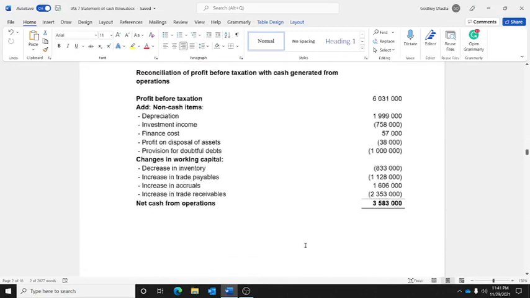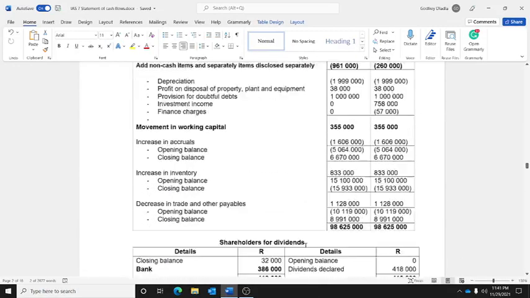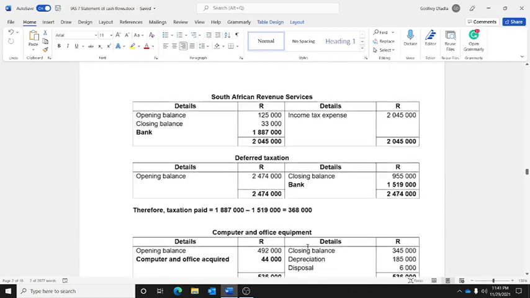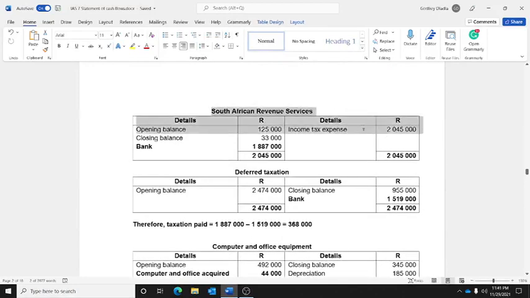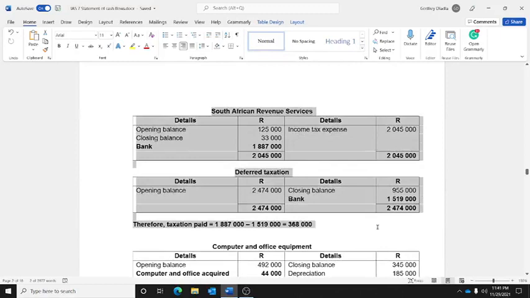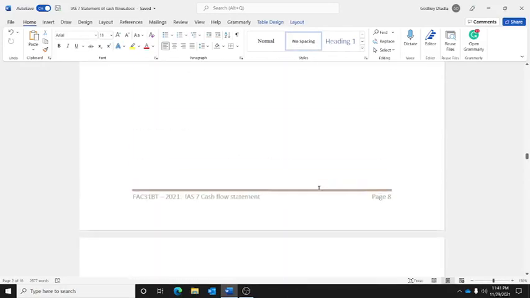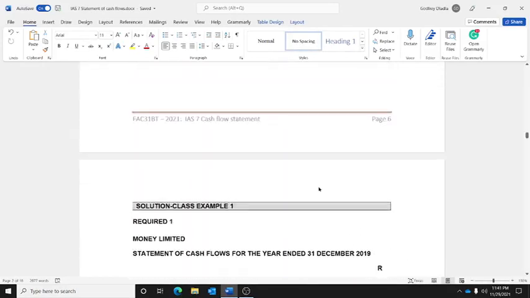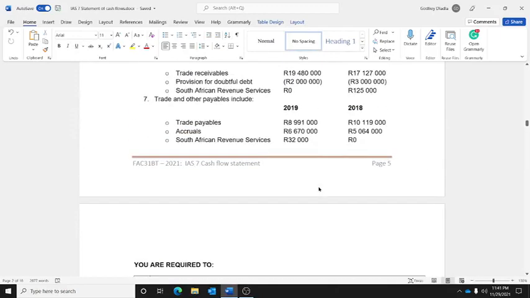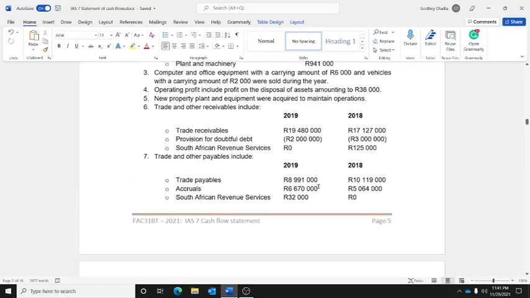Taxation, let's deal with taxation. Now in this exercise you'll see that there are two things here. There's SARS and deferred tax. Okay, now this is how we deal with this thing. Let's start here. Right, here you've got two accounts of SARS.